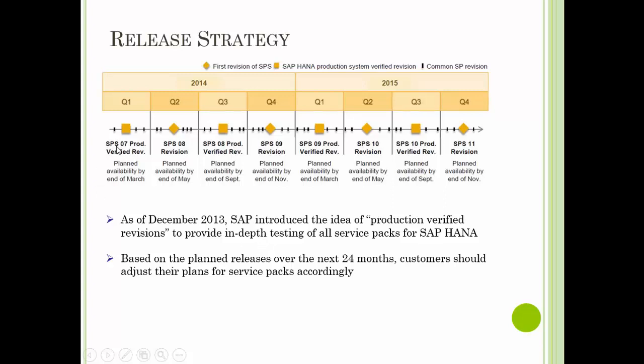Here you can see the support package stack 07 production verified revision was released in Q1, that is by end of March, and then by end of May, in Q2, we had the first revision of SPS. Then again the production verified revision with all the testing done was released in Q3, and in Q4 we had the first revision of SPS for internal testing.